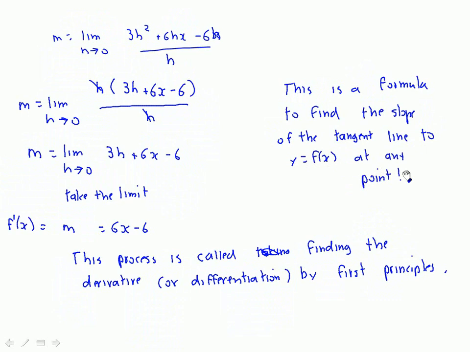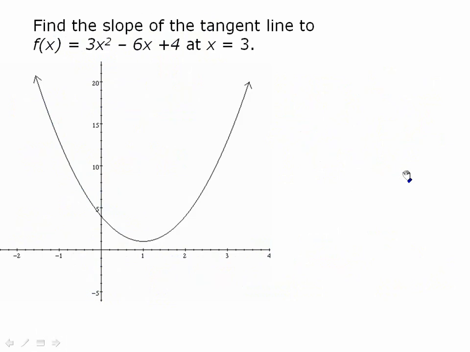Now let's finish this question off, and then that's going to be the end of this lesson. The next lesson we'll go through a few more examples, slightly more complex ones. So this question, same formula, same function, but we want to get it at x is equal to 3. So specifically at that one point, right there. So what we do, going back to the previous question, we note that f prime at x is equal to 6x minus 6, which is the slope.